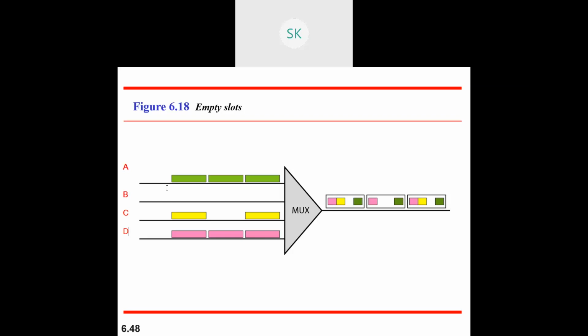Why is the guard band necessary? Because signals may overlap, so to avoid overlapping we need the guard band. Similarly here, just so the signals do not overlap, we require overhead signals. That's all.